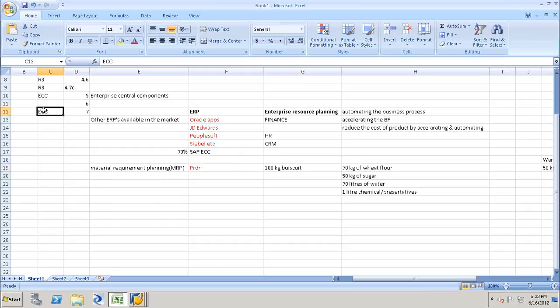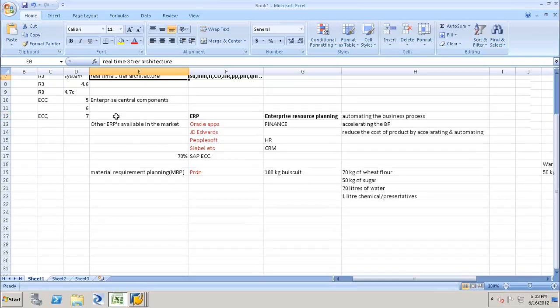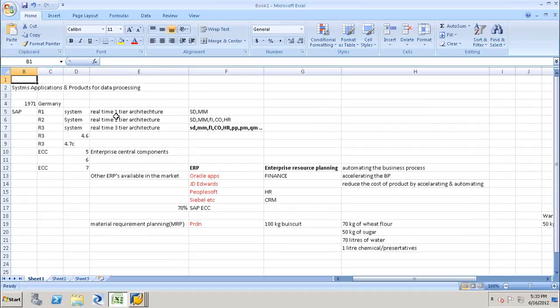Tomorrow I'll spend a lot of time on this, but generally today I want to cover SAP BW: what is the object, and what a BW consultant will do. Tomorrow I'll start with that first. To give you an idea, SAP BW is not the one which SAP introduced first. In 1971 they came up with R1, and we discussed all the way till ECC.